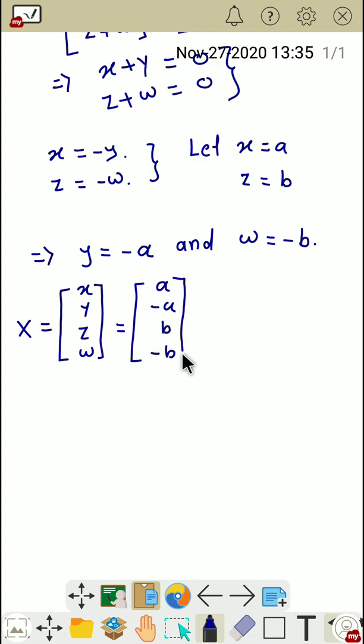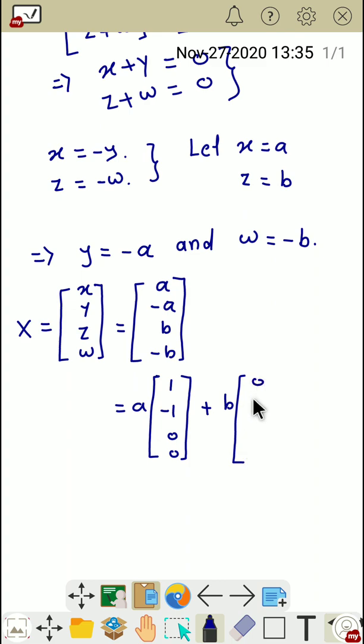But this vector I can write like this: it is equal to a times the vector (1, minus 1, 0, 0) plus b times the vector (0, 0, 1, minus 1). So see here, vector x is nothing but this, and here a and b are real numbers.